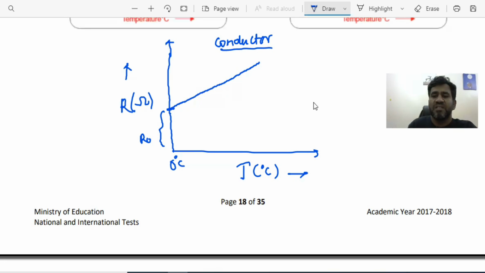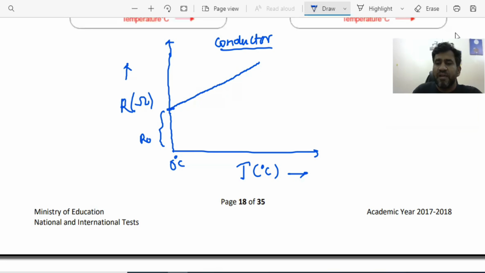But how is the resistance of the insulators and the semiconductors related to the temperature? Let me show you. The resistance of the insulator and the semiconductor goes exactly opposite.